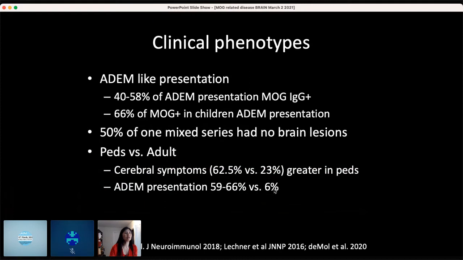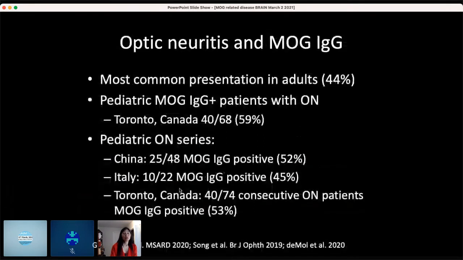And looking at other studies, the issue of cerebral symptoms, which is the encephalopathy that we often talk about in relation to acute disseminated encephalomyelitis, occurs really only in 23% of adults versus two-thirds of pediatrics. But the optic nerve is really where the money is. Half of adult patients and half of pediatric patients who are MOG IgG positive will present with optic neuritis.